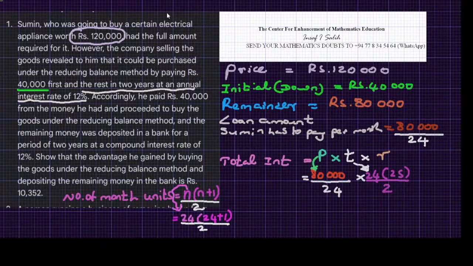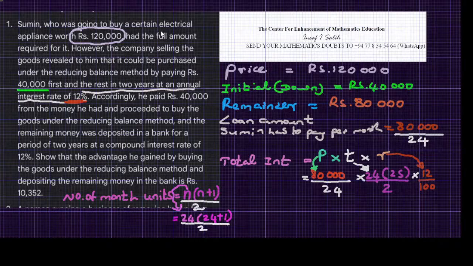What is the interest rate? The shop is charging an interest of 12% per annum, so 12% per year. How do you write 12% in fraction form? That's 12 over 100. But this 12 over 100 is for a year, and look at what we have put here for P. We are taking the amount Sumin is paying per month, which means the interest rate has to be for a month.